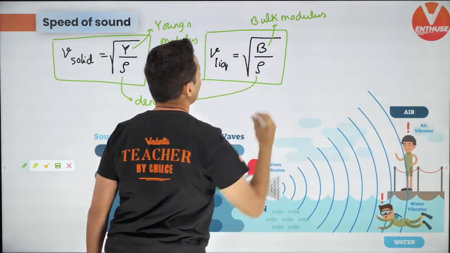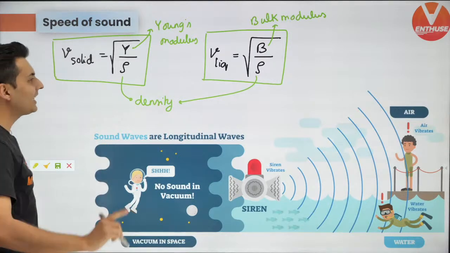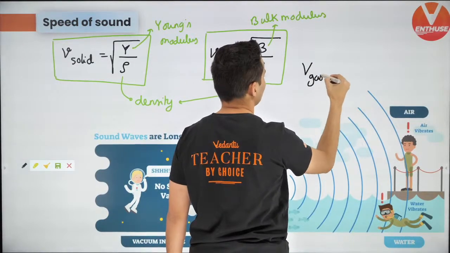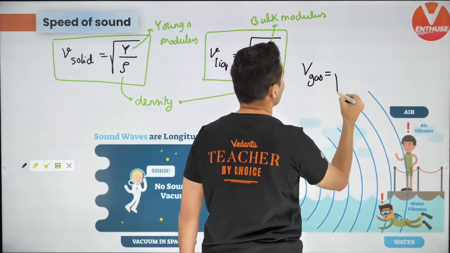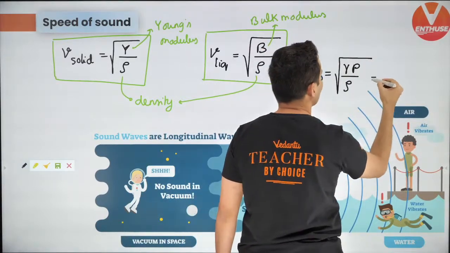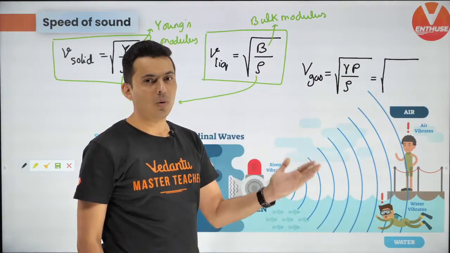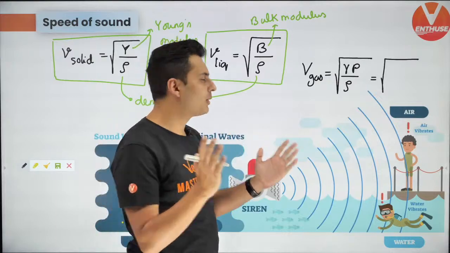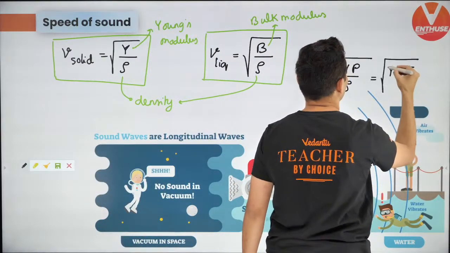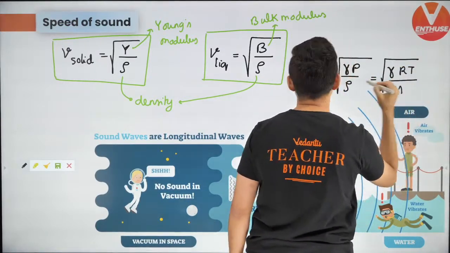Last thing, but not the least, very important now: speed of sound in air, guys. Speed of sound in gases or in air, ideal gas, is root of gamma P by rho, which, also using the gas equation PM is rho RT, you will get root of gamma RT by molecular weight.